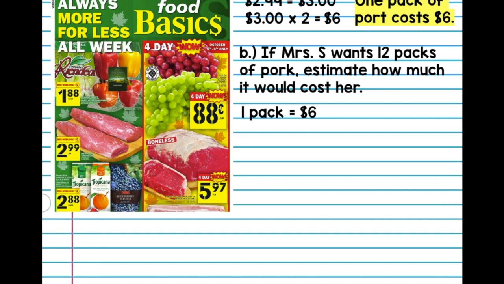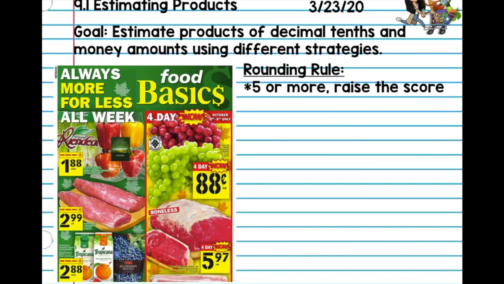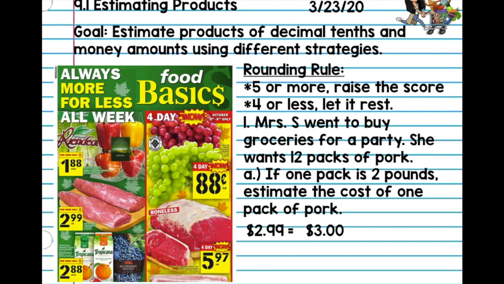All right, so let's go ahead and write letter B in our notebook. Oh, sorry. We should go back and do that. So go ahead and write letter A first. Go ahead and do A if you did it. If you did that already, good job, but I didn't. Sorry. Okay, so let's write letter A. So 2.99 equals $3.